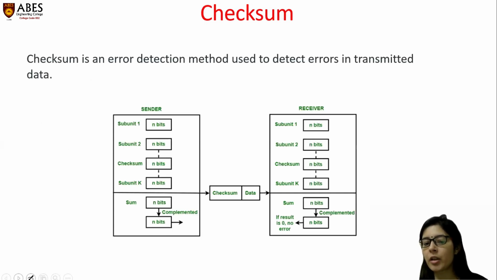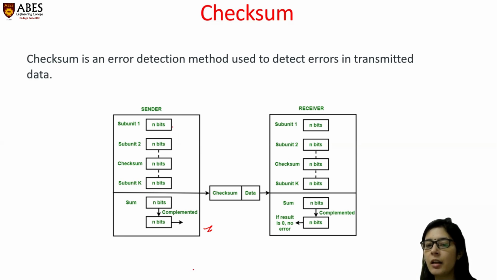Checksum is one of the error detection methods that is used for error detection at the receiver's end. The checksum error detection method is more reliable than the simple parity check and two-dimensional parity check methods. In this method, the data that the sender wants to send is divided into segments of equal size.